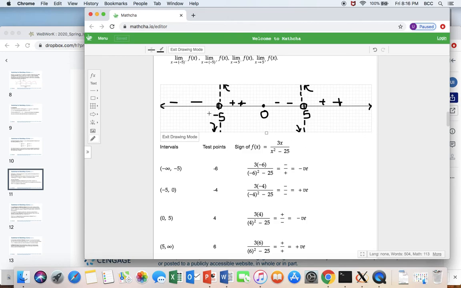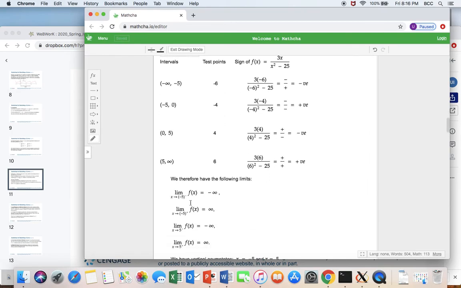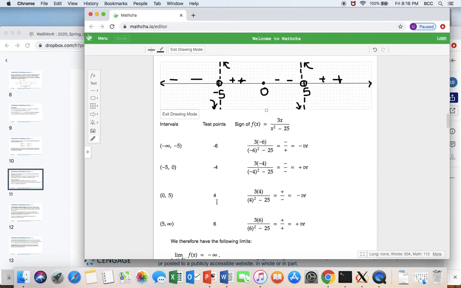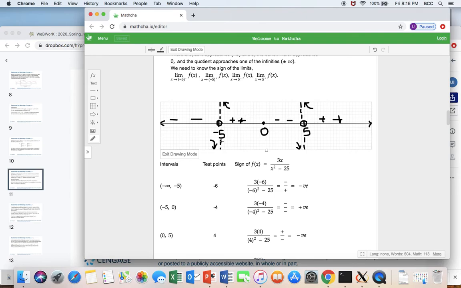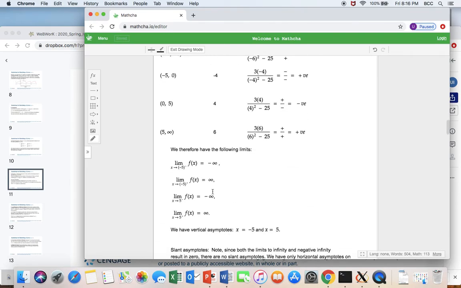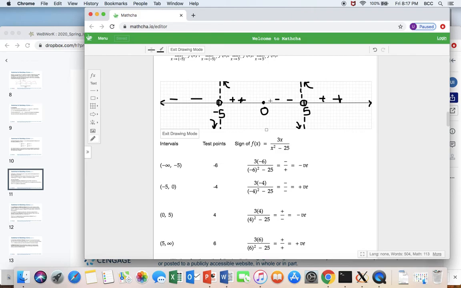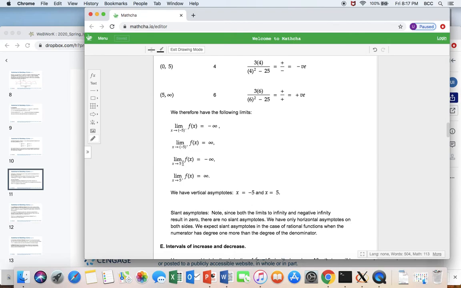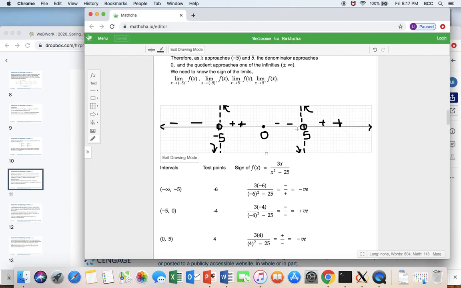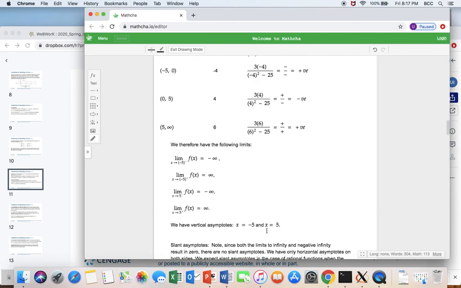So what does it say? x approaching negative 5 from the left gives me negative infinity. x approaching negative 5 from the right gives me positive infinity. x approaching 5 from the left, I'm going to negative infinity. x approaching 5 from the right, I'm going to get positive infinity.